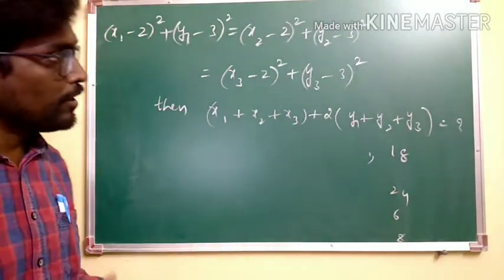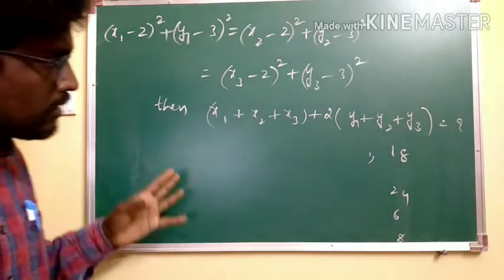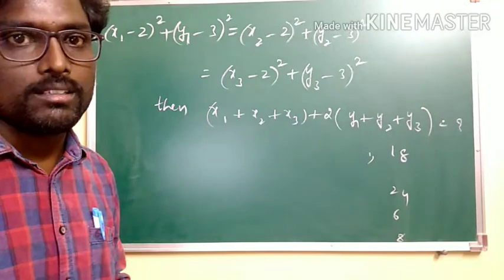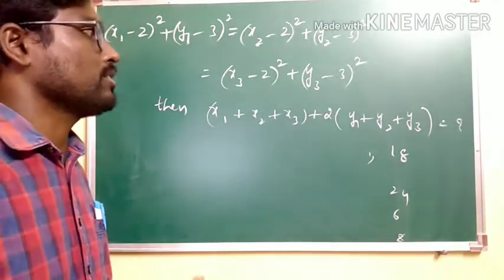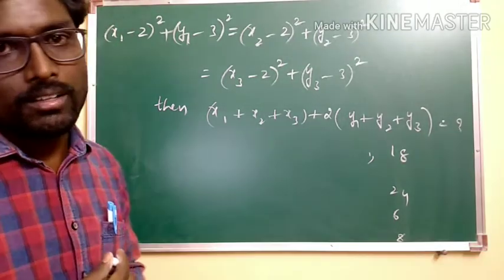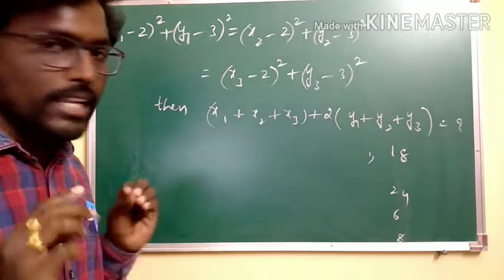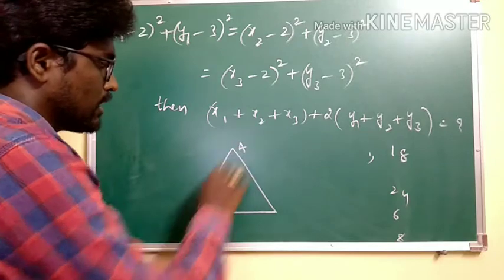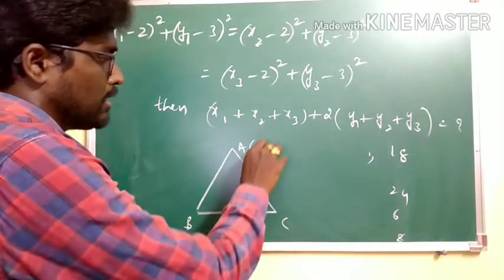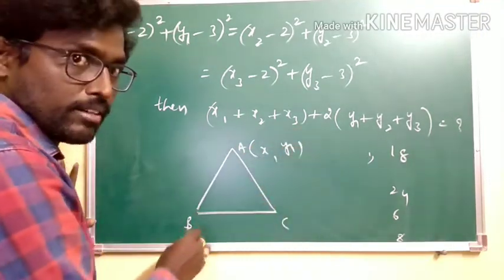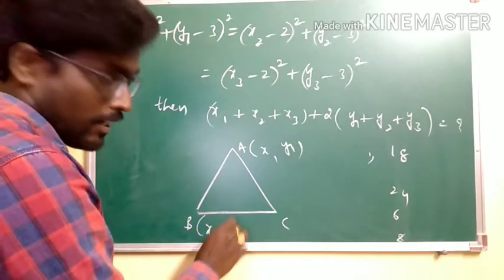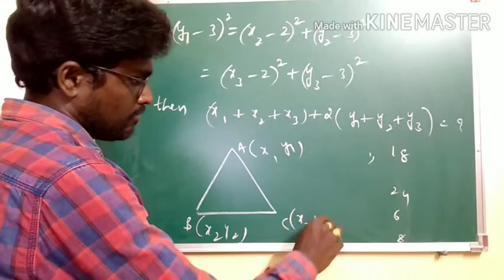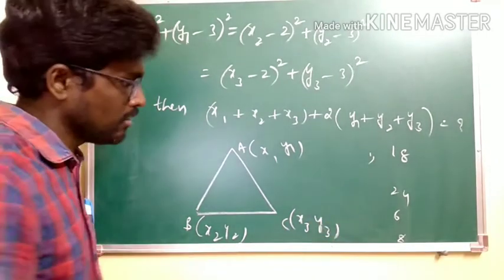Yeah, I know when you see the problem you may feel it is very complex, or the equations are very lengthy, so that the calculation may go long. Nothing, very simple application, just logical thinking. Here it is very clearly provided that the vertices of the triangle ABC are x1 y1, x2 y2, x3 comma y3 is the third vertex.